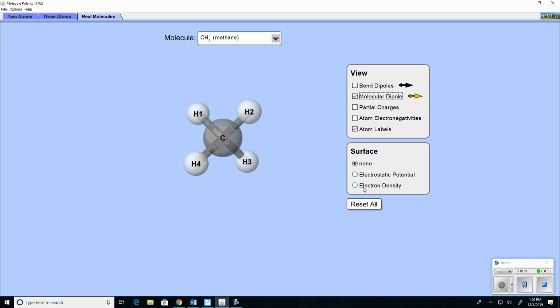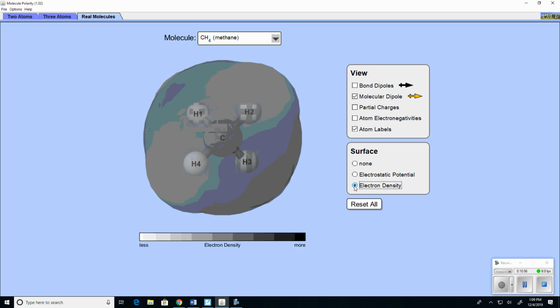If I click on electron density, it kind of looks the same all the way around, doesn't it?